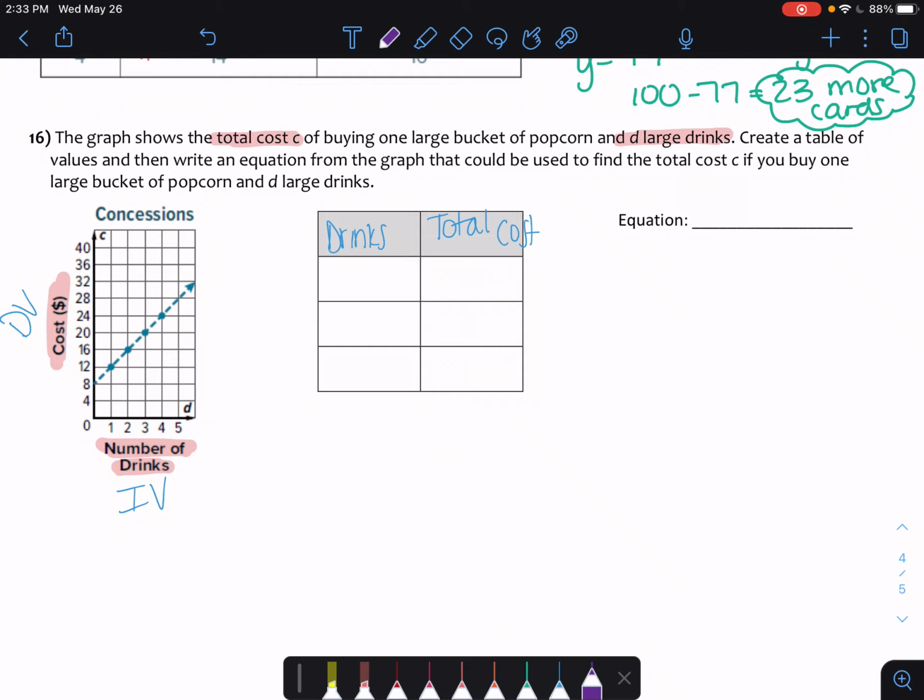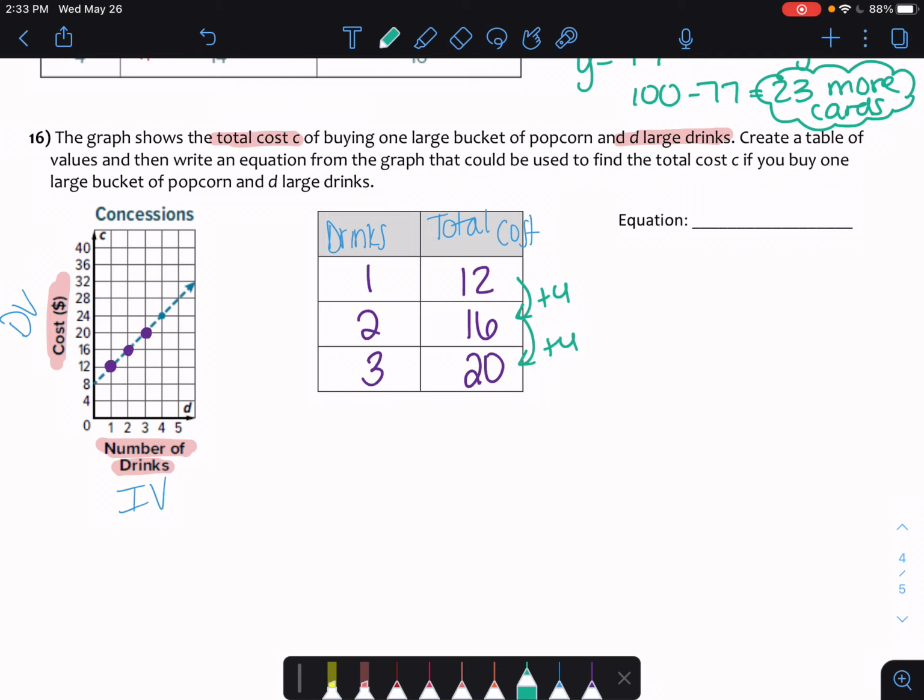In this graph, 1 drink is going to end up with my total cost at $12. 2 drinks is going to put my total cost at $16. 3 drinks is going to put my total cost at $20. So now I'm going to work my way through the table. So I added 4 each time.